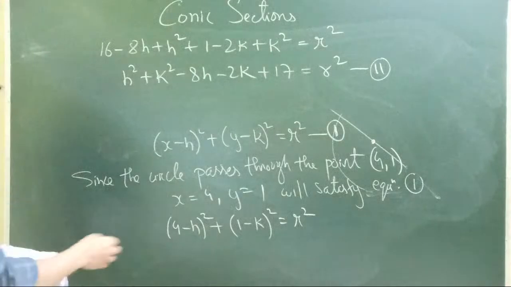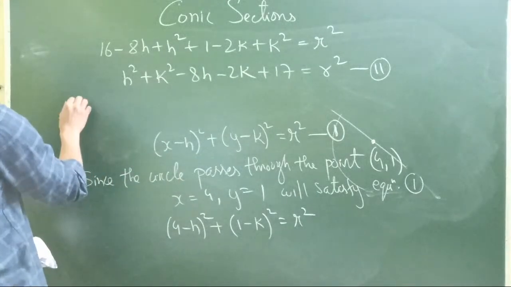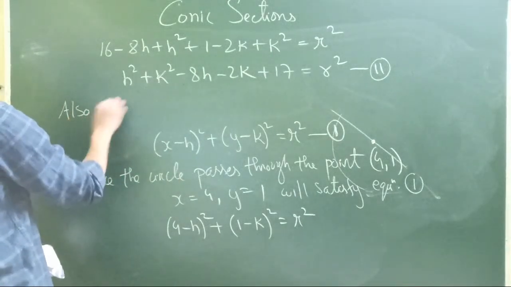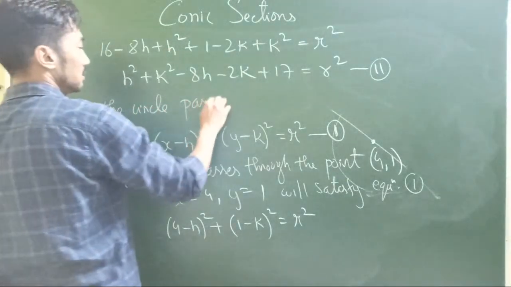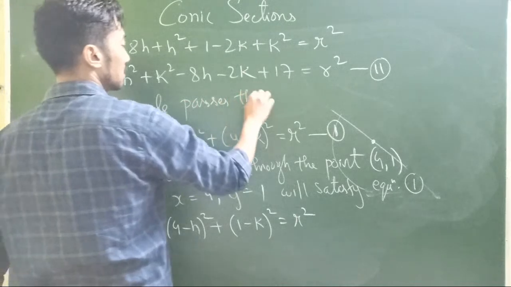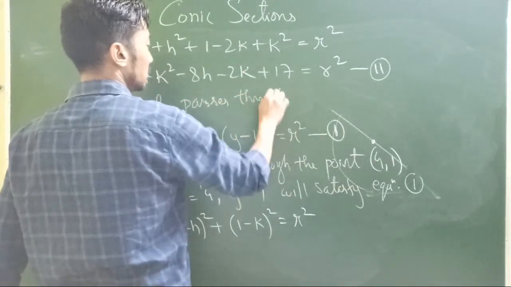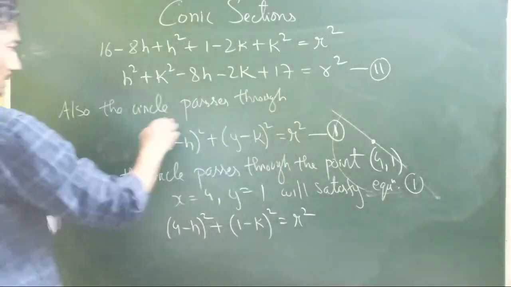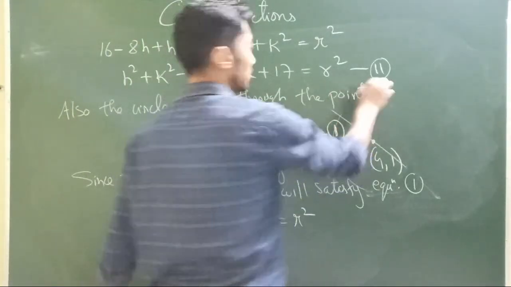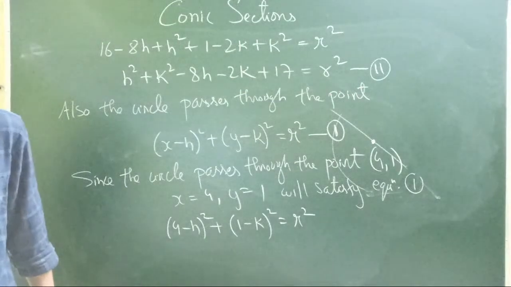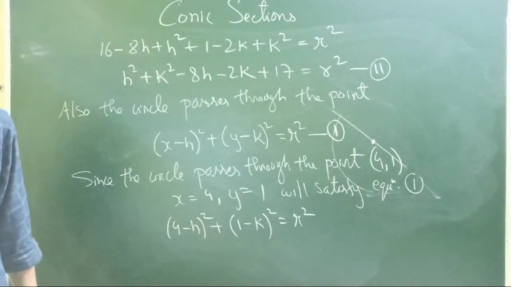Now again, also the circle passes through the point. What was the other point? Also the circle passes through the point.